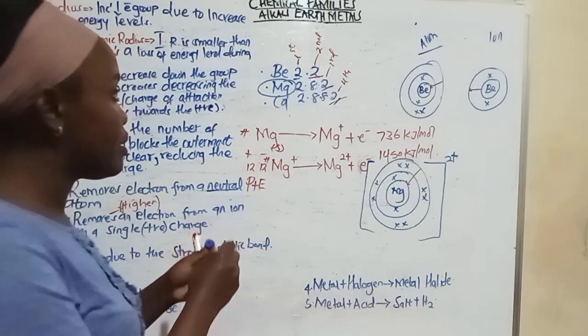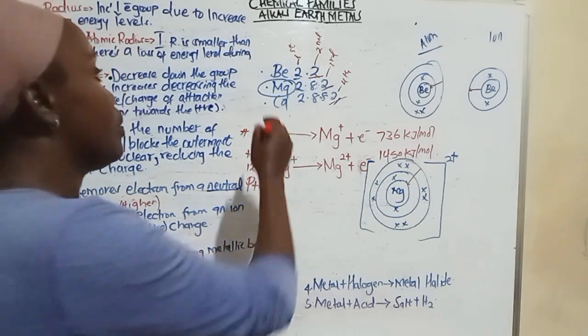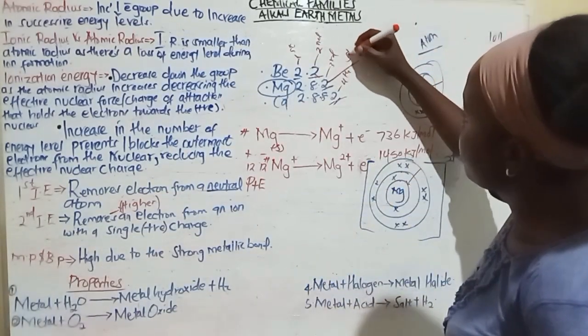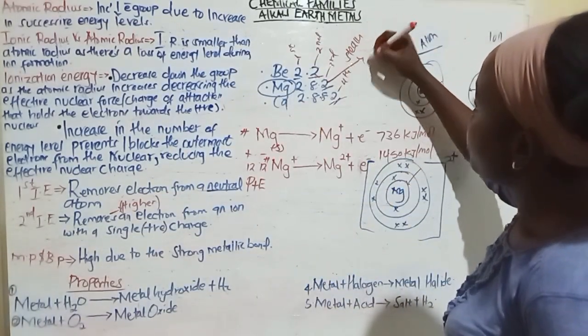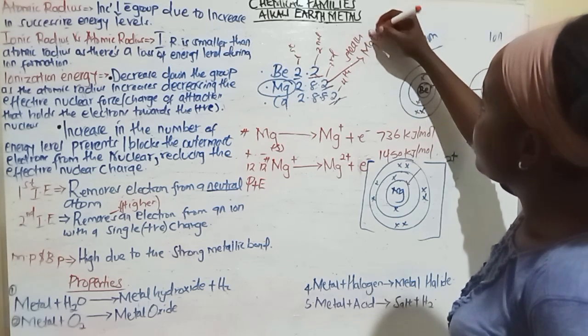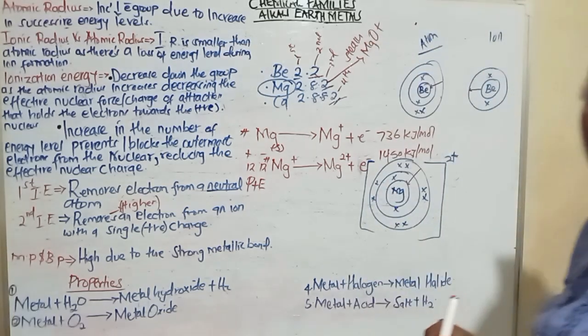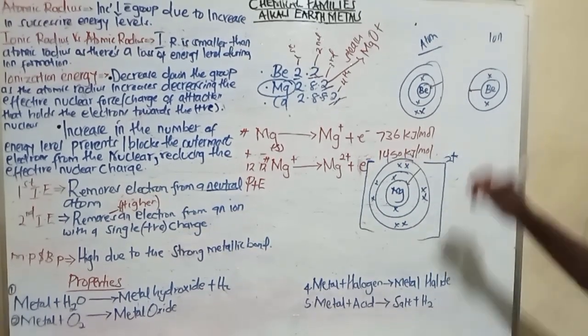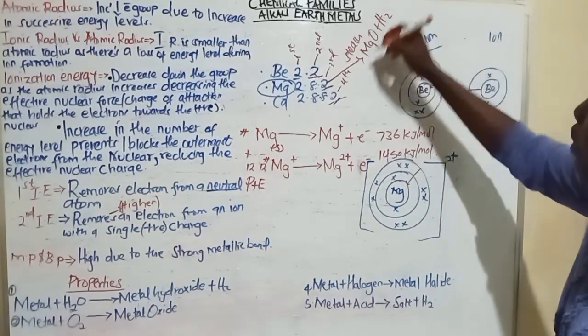So this one with steam, when you react magnesium with steam, you form a magnesium oxide. I've said you're going to form a magnesium oxide and hydrogen gas. Okay. This is the steam.